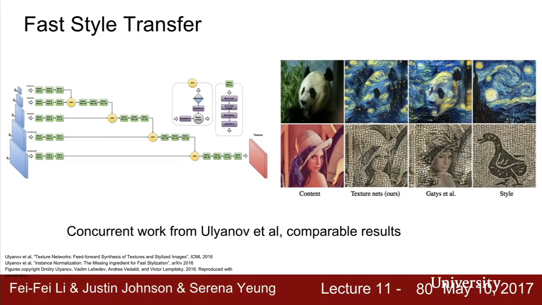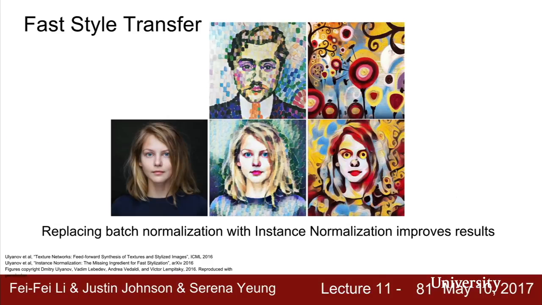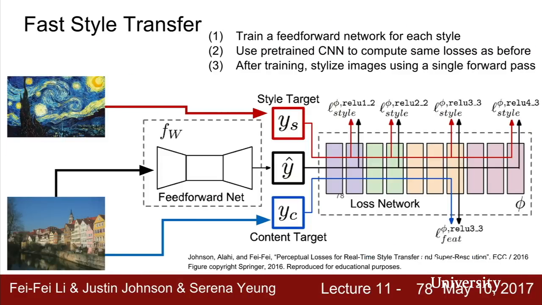There was another group from Russia that had a very similar paper concurrently, and their results are about as good. They also had a tweak on the algorithm. This feed-forward network that we're training ends up looking a lot like these segmentation models that we saw. For semantic segmentation, we're doing downsampling and then many layers, then some upsampling with transposed convolution, in order to be more efficient.